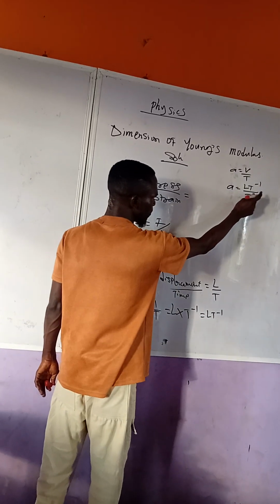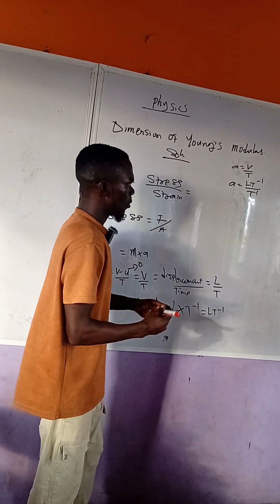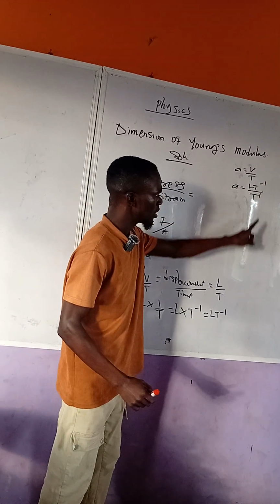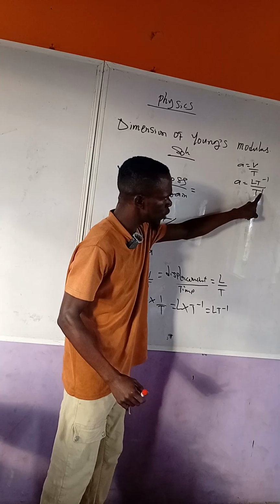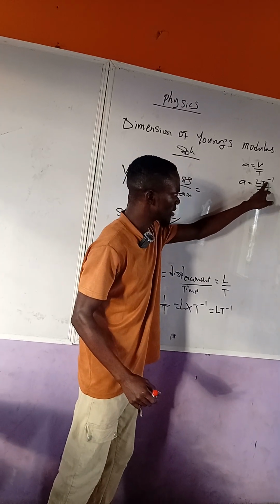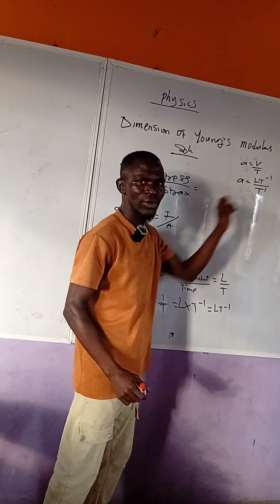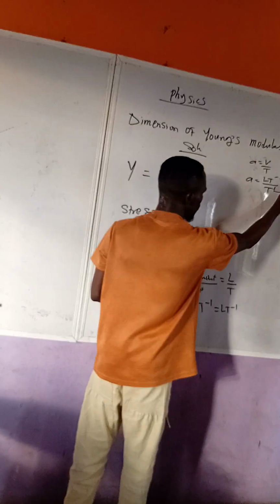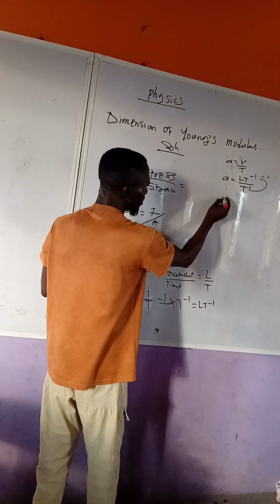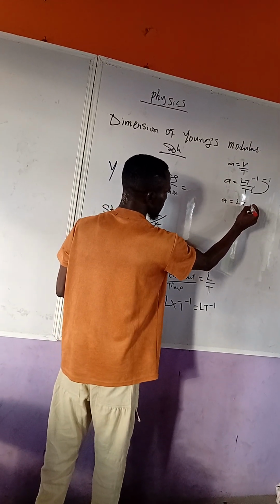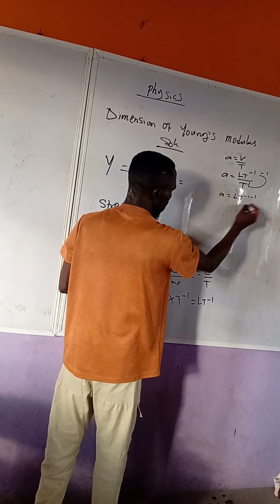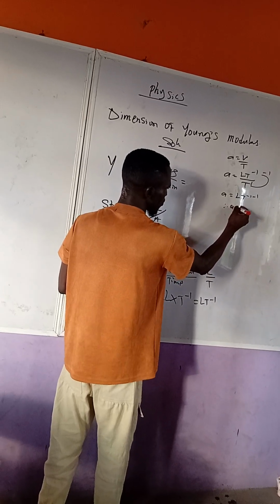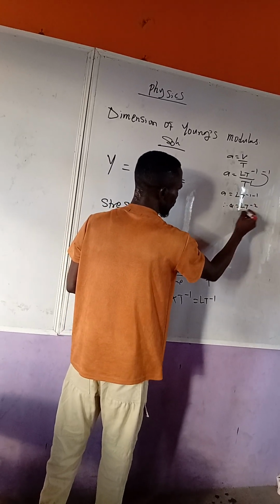This t is under t here, so when its power goes up to meet this one, it changes to minus 1. So therefore, acceleration equals L t raised to the power of minus 2.